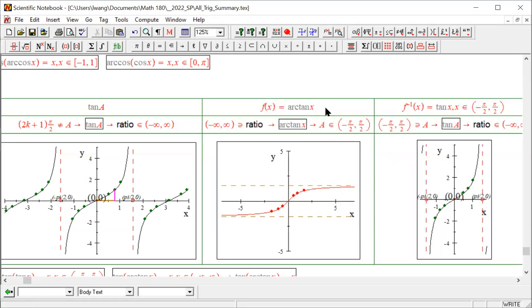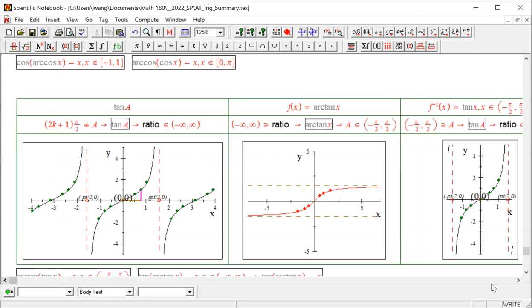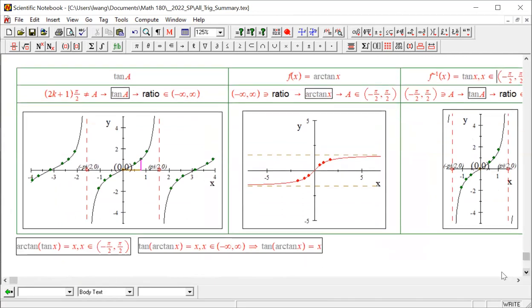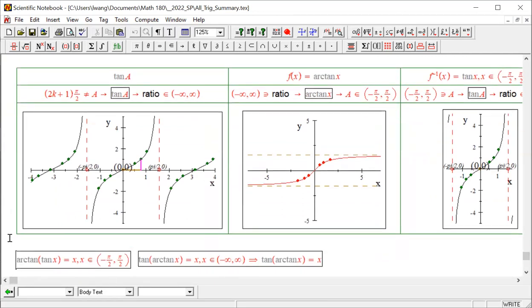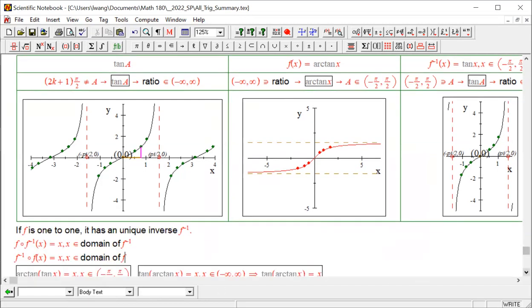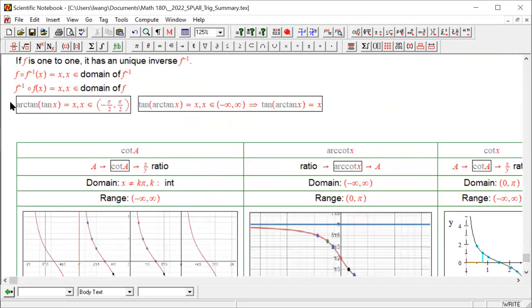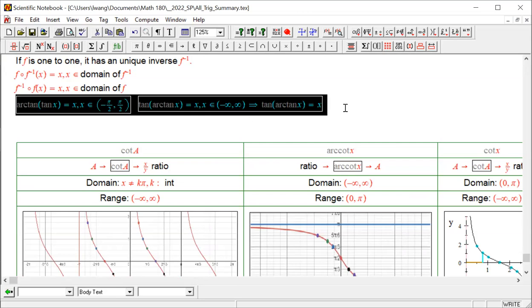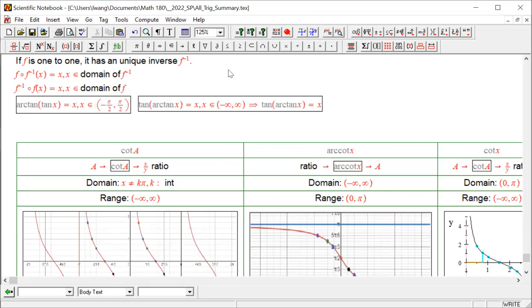The inverse of arctangent is a piece of tangent. So we discussed that. Once again, we apply that one-to-one function property one more time, and we got two other perks. You can call them shortcuts if you wish.